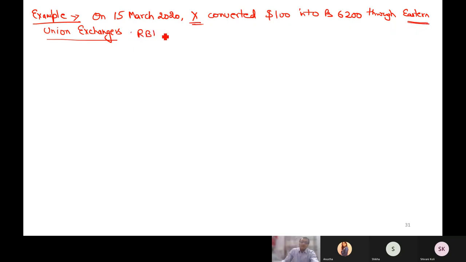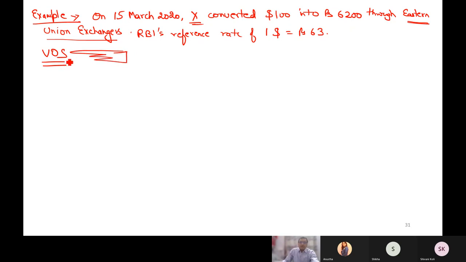RBI's reference rate for $1 is equal to rupees 63. Now, what is the value of supply? This is the question. What is the value of supply?